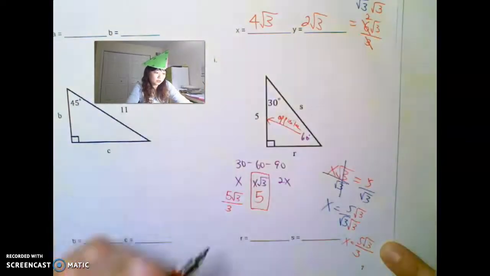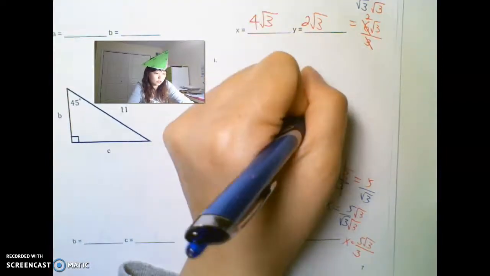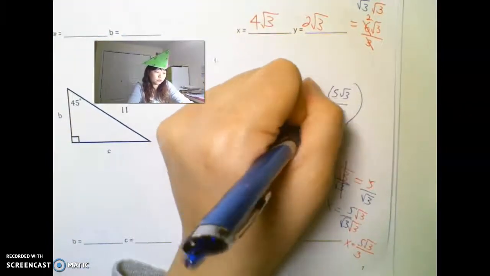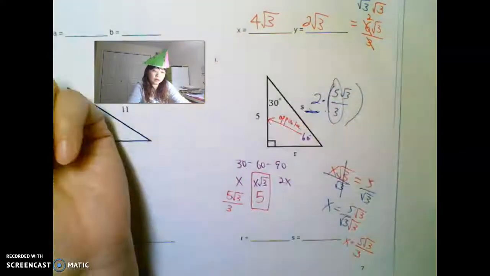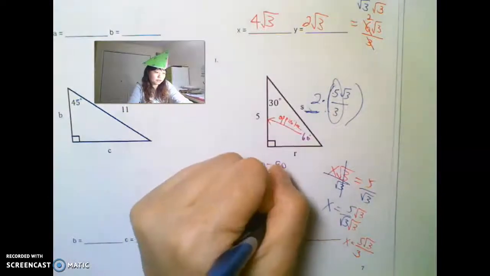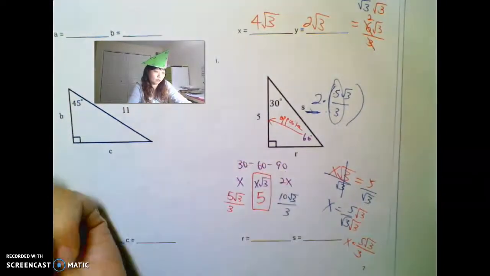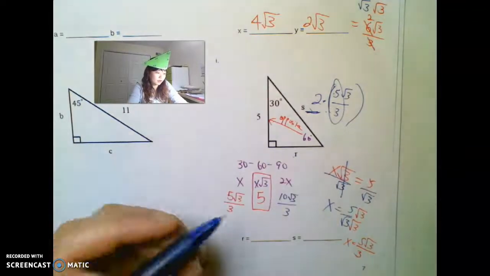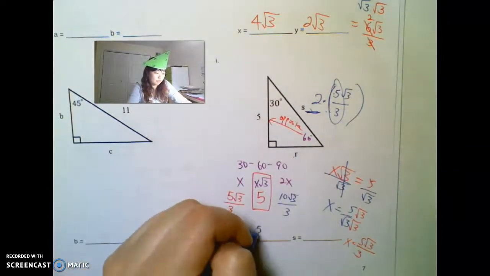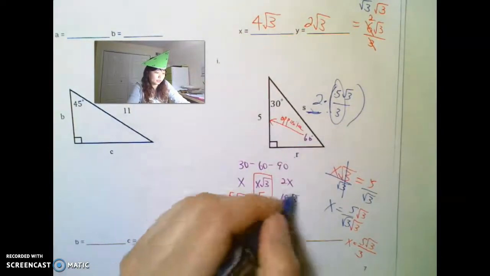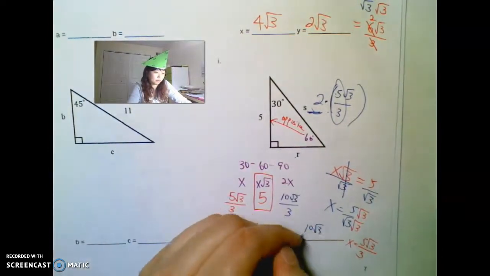Well, 2 times 5 radical 3 over 3. 2 is outside number. These are all outside numbers. And if you multiply, you just have to do 2 times 5. So that makes 10 radical 3 over 3. So opposite of 30 is r. r is going to be 5 radical 3 over 3. And opposite of 90 is going to be 10 radical 3 over 3.